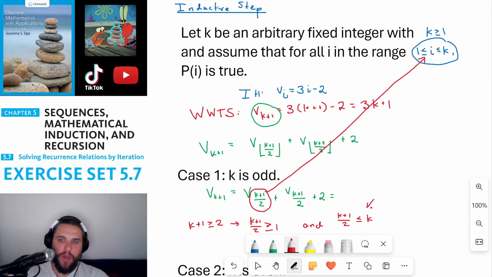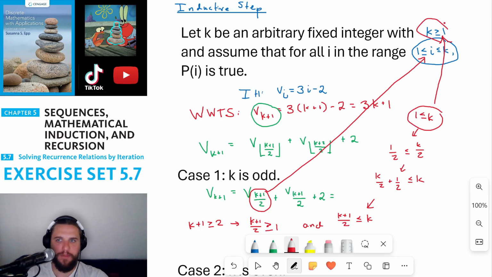Keep in mind, though, that we can work backwards from this conclusion to start from a tautology instead. This would say that k over 2 plus 1/2 is less than or equal to k, and we could subtract k over 2 on both sides to get 1/2 is less than or equal to k over 2, and then we can also multiply both sides by 2 to get 1 is less than or equal to k, which we know to be true based on the assumption.